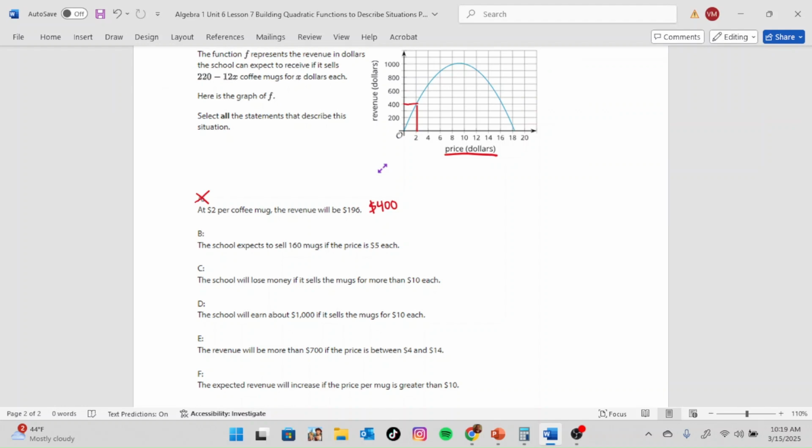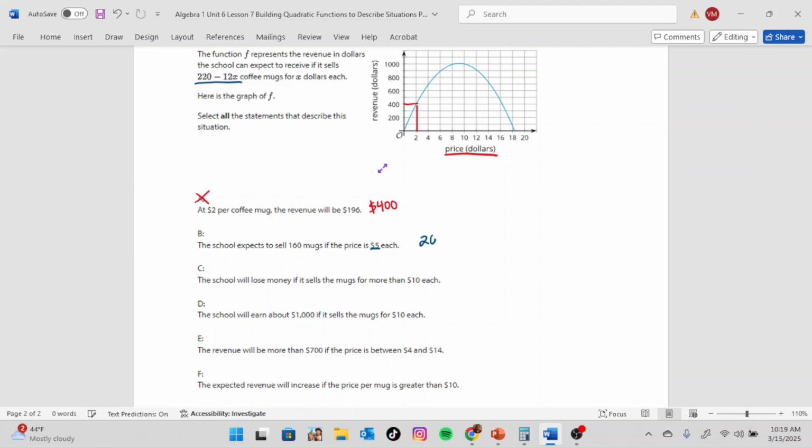Choice B. The school expects to sell 160 mugs if the price is $5 each. That means we need to take the equation, substitute in the price, and see how many mugs they expect to get.